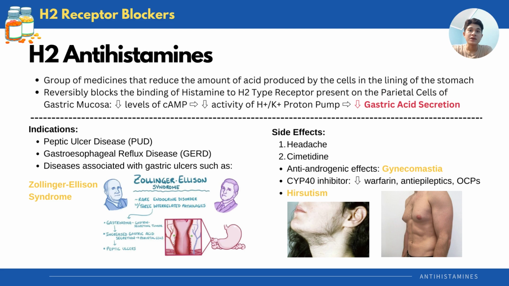H2 antihistamines don't have many side effects, and they are generally safe except for cimetidine because it has anti-androgenic effects which can cause gynecomastia and also hirsutism. Gynecomastia is a common condition that causes male breasts to swell and become larger than normal.